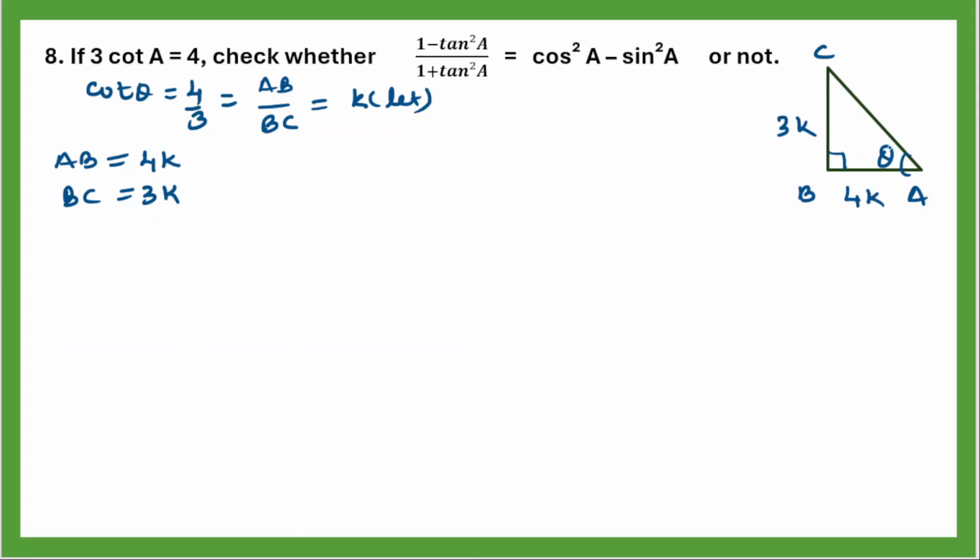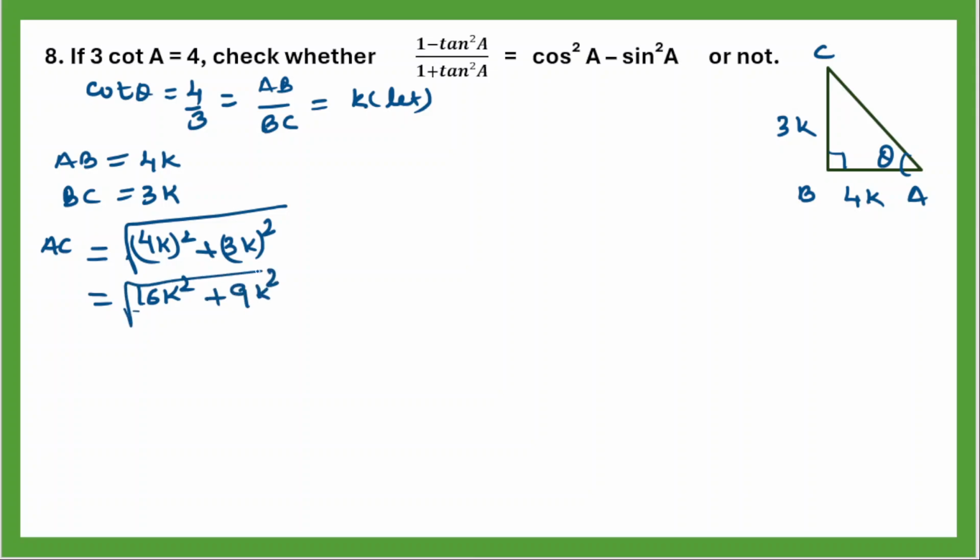So, you will find AC by using Pythagoras theorem, which is under root of 4K square plus 3K square, under root of 16K square plus 9K square, which is equal to under root of 25K square. So your AC is equal to 5K.